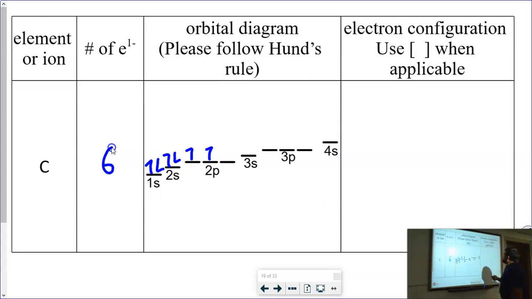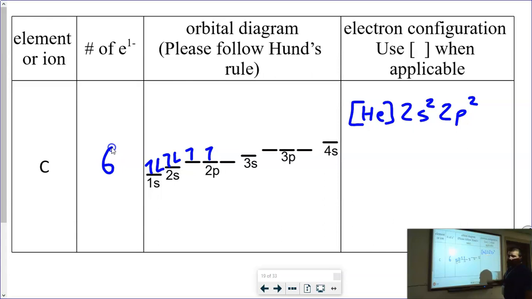Electron configuration, we can abbreviate this if you'd like. The way we abbreviate is you use the previous noble gas from the row above, and then fill in the rest of the electron configuration after that. For carbon, it would be helium, which is just the first 2 electrons, and then 2s2, 2p2.